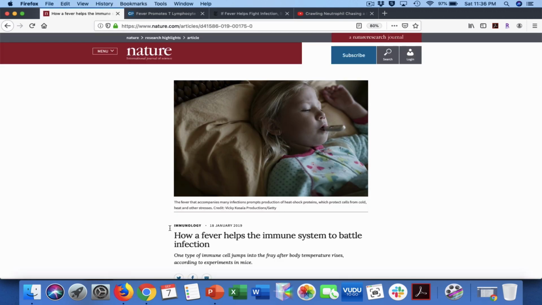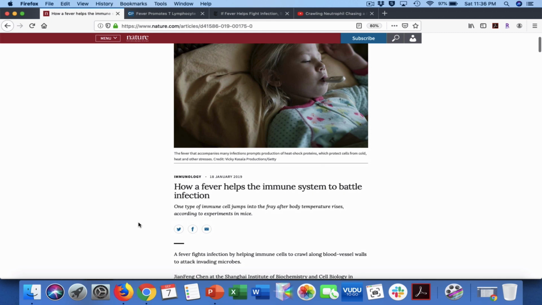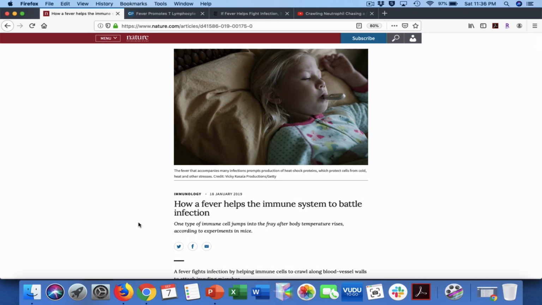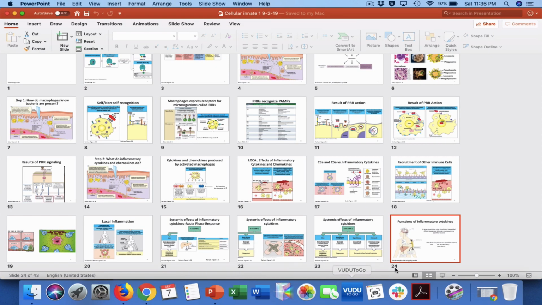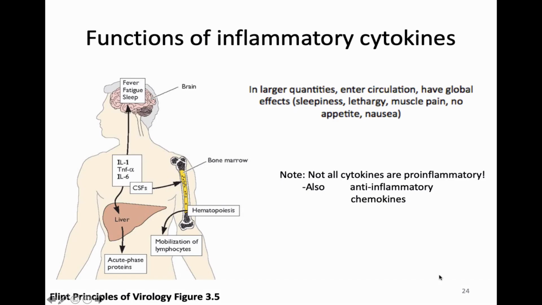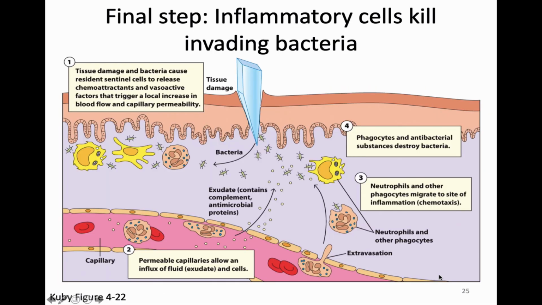Recent studies, like this one in early 2019, have even given us more information about how fever is helping the immune system. And so there's still quite a lot that we can learn about this entire process, even in 2019. Once our cytokines have been made, that will change blood flow and capillary permeability.